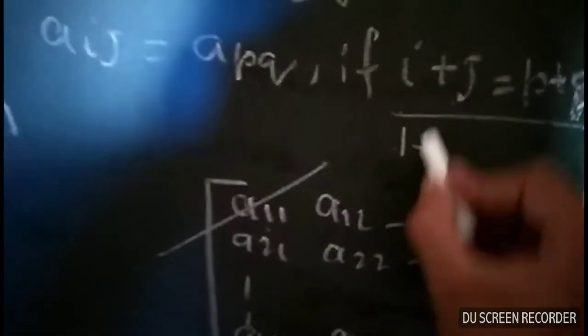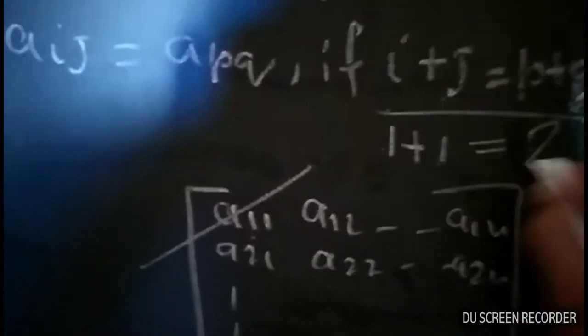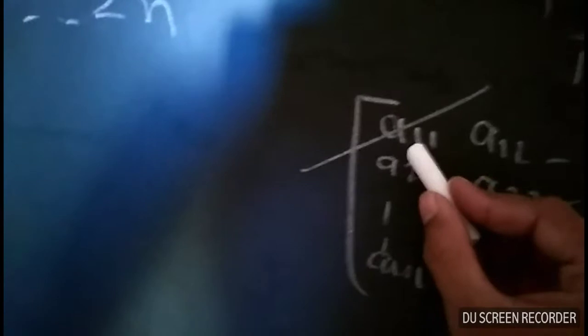If we put i and j equal to 1, that is 1 plus 1 equals 2, here we see only one element, which is also distinct, so the question of distinctness has no meaning.